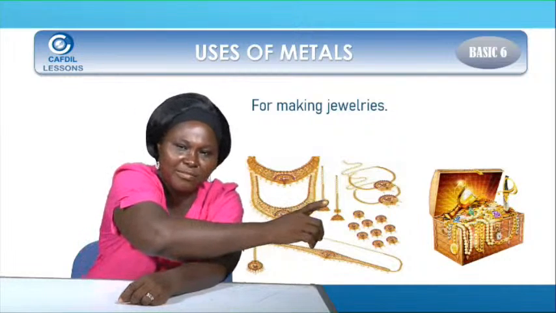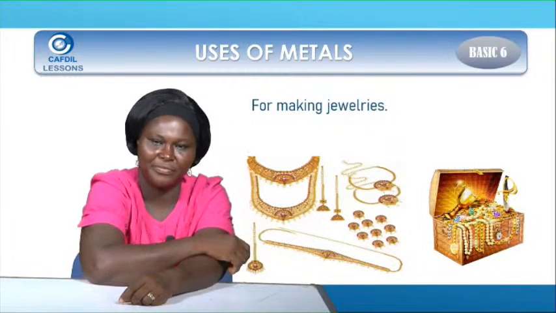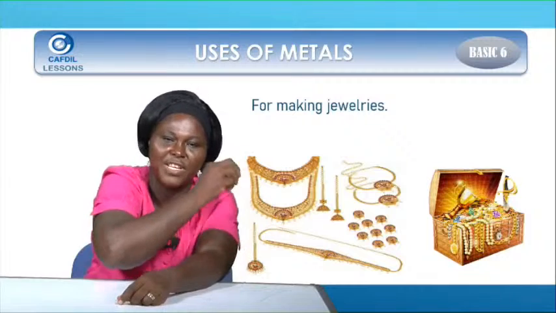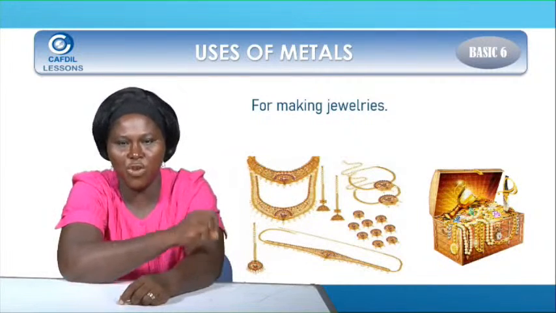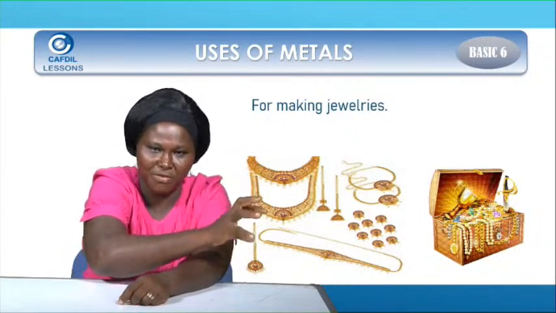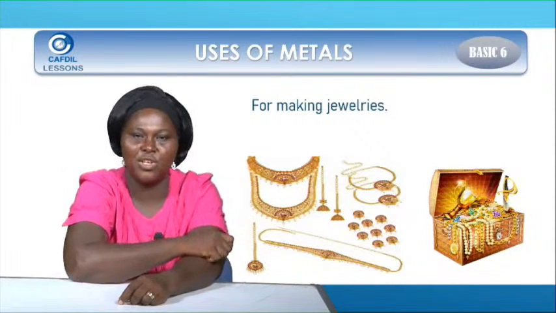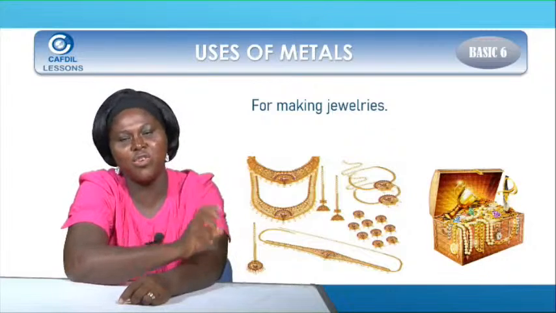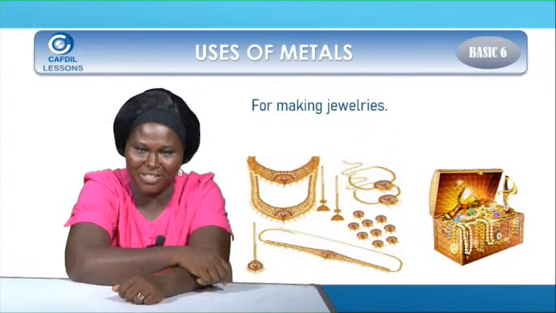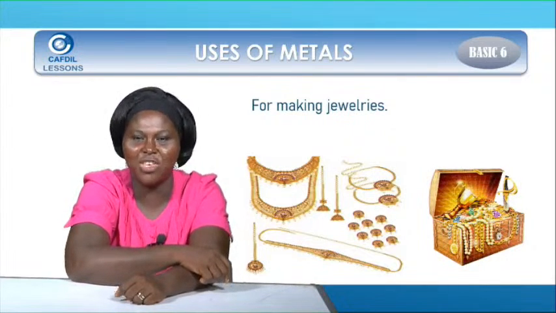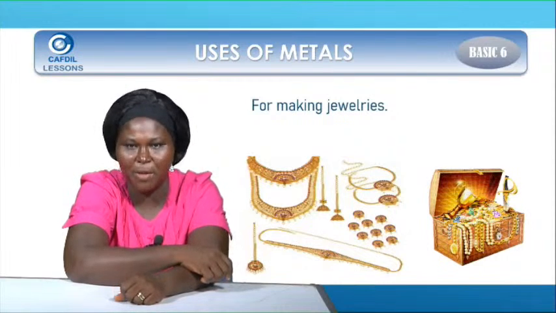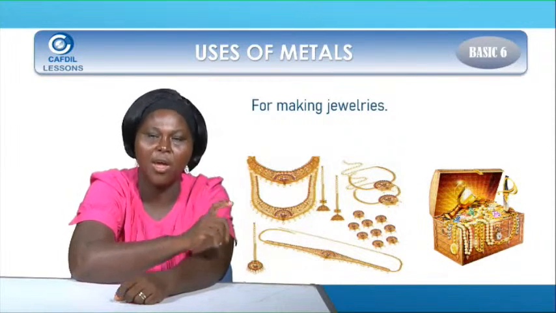Look at how they are shining. Because of the shining property, we use it to make jewelries. So these are jewelries. So metals are used for making jewelries because of its luster property.